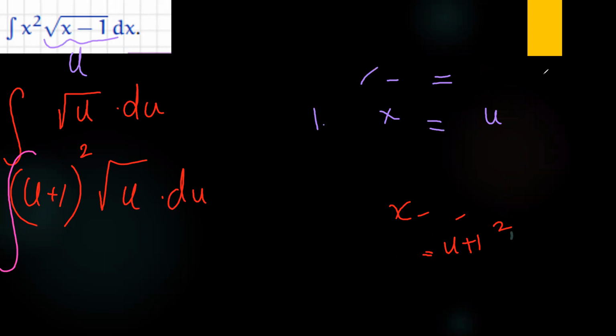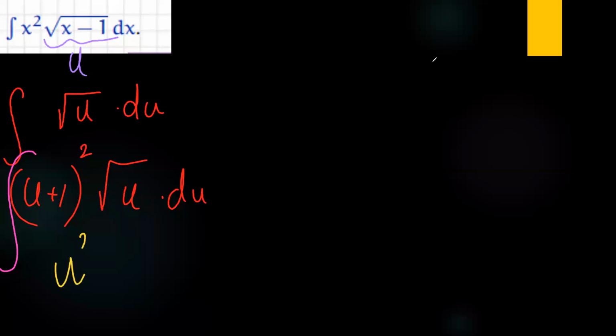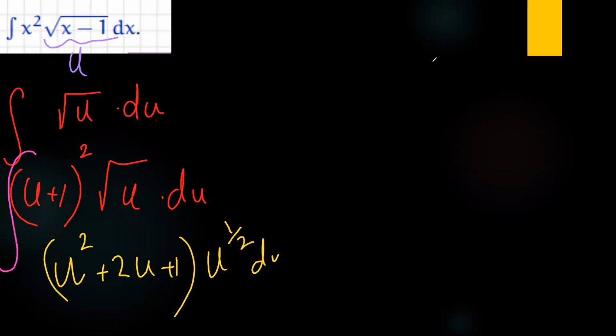So it works with me. Since it works, this will be the integration by u substitution. Then I will say this is u squared plus 2u plus 1 times u to the power half du. Then let's distribute it on each part.